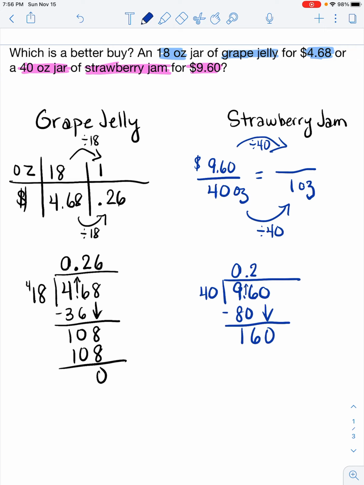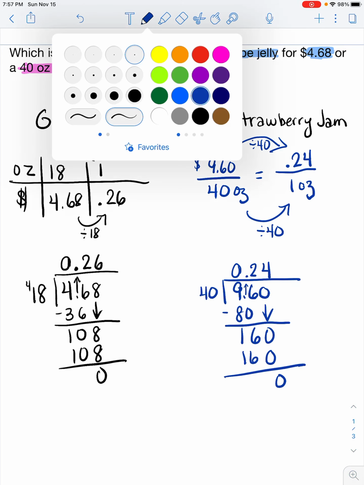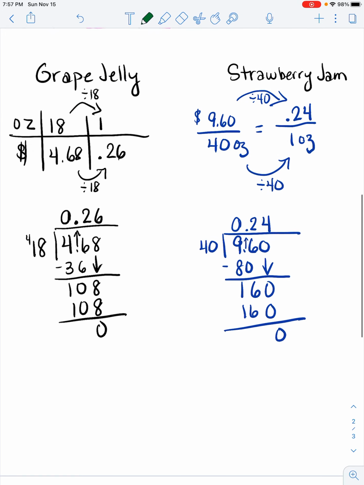How many times does 40 go into 160? Well, again, I'm going to use my number sense. I know that 4 goes into 16 4 times, so 40 should go into 160 4 times. Let's make sure. 4 times 0 is 0. 4 times 4 is 16, and we're left with a 0 remainder. So this is going to be 24 cents per ounce.